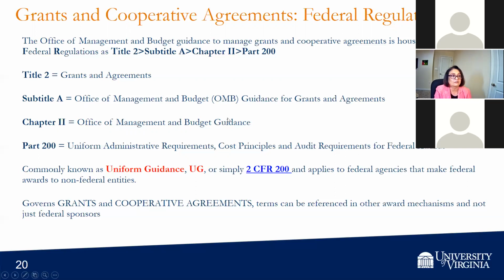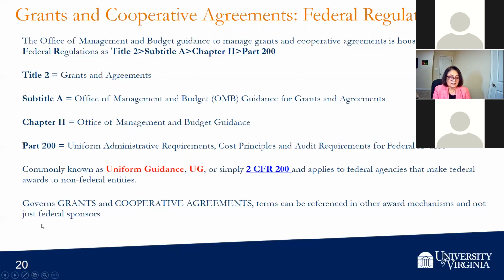That's why they have to distinguish this. Under the right subtitle, Chapter 2 is also Office of Management Guidance. Part 200 is Uniform Administrative Requirements, Cost Principles, and Audit Requirements for Federal Awards. This is the actual name of 2 CFR 200/Uniform Guidance.